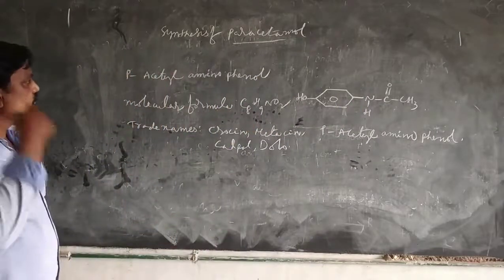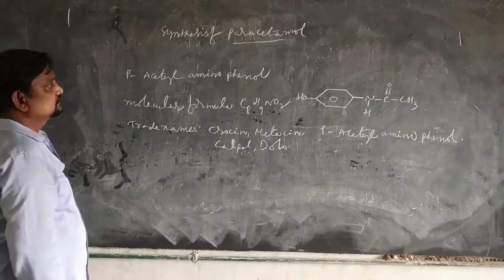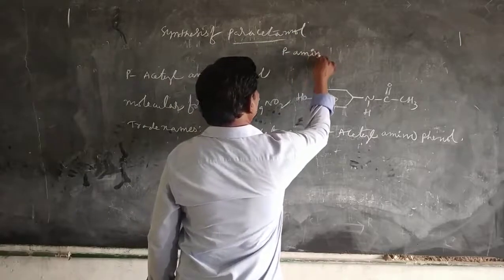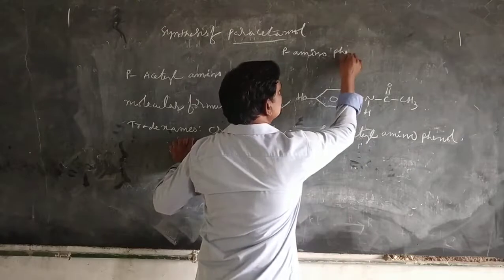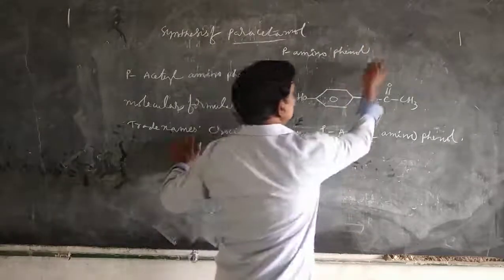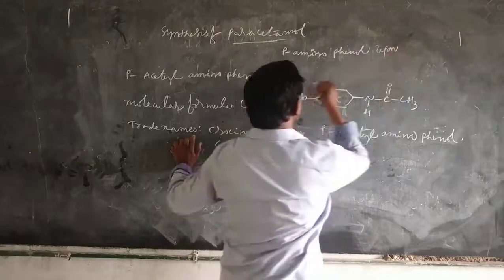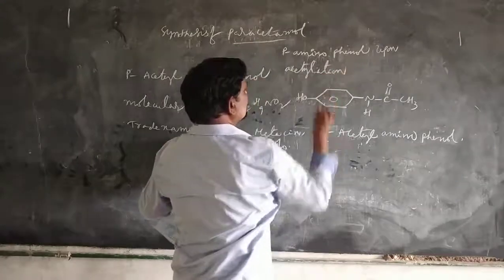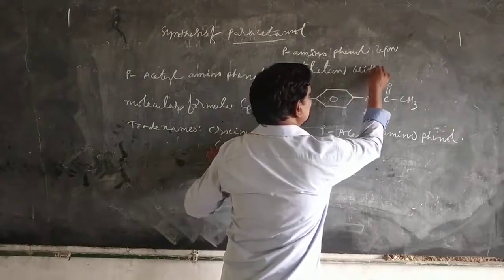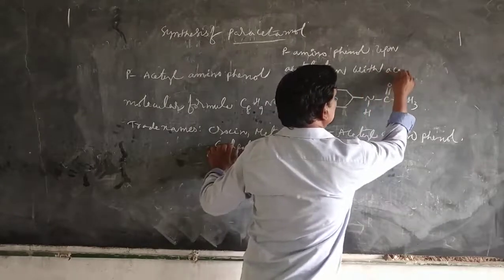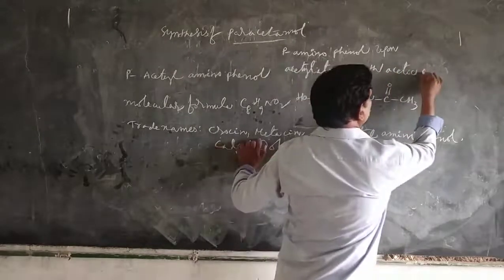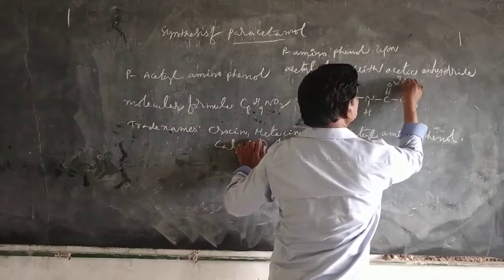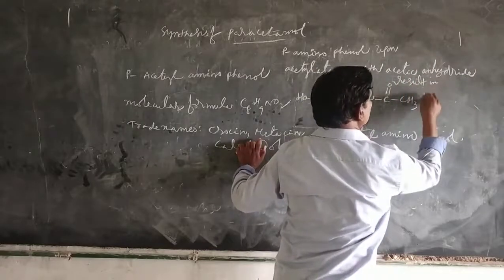So how to prepare paracetamol? Basically, para-aminophenol upon acetylation with acetic anhydride results in paracetamol.